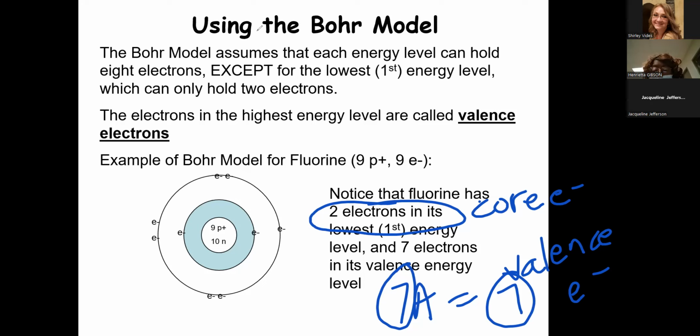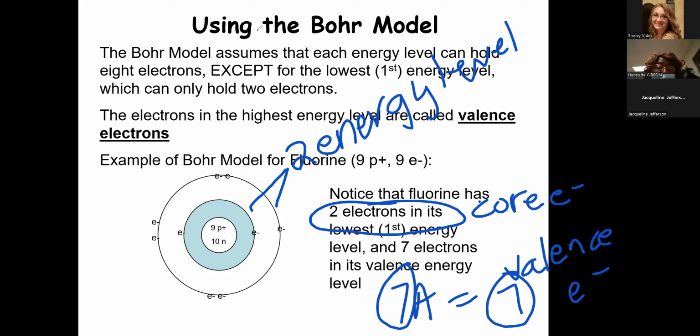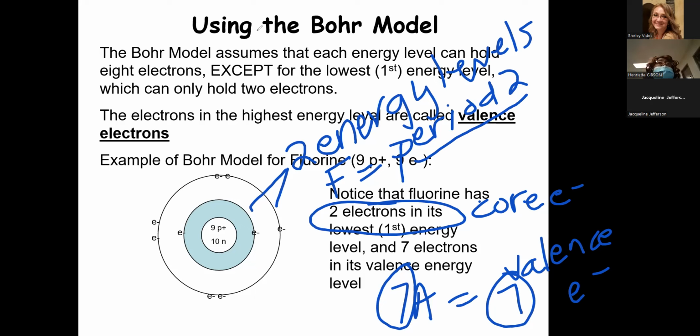The other thing you will notice is that you have 2 energy levels, and fluorine is in column 2, which means we're in period 2. See? The energy levels are known by the period, and the valence electrons are known by the group.